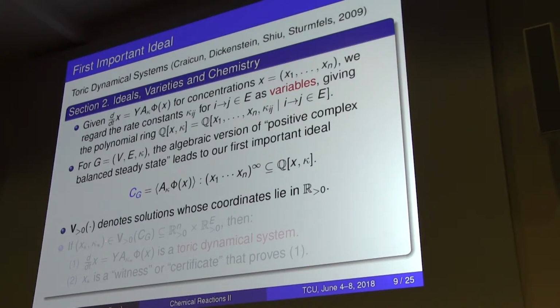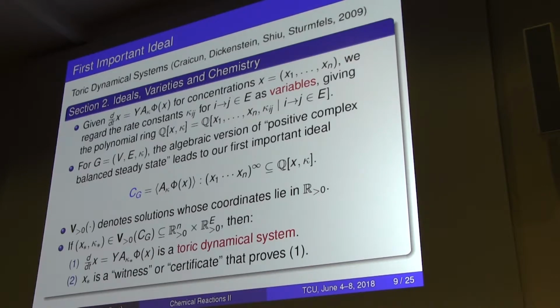And I'm going to use this notation, that's the variety of an ideal, and when I write that, I mean the solutions whose coordinates are positive real numbers. And then in this setting, if I take a positive solution of this ideal, so that's going to be a positive steady state, and here all my rate constants indexed by the edges are also going to be positive, then it turns out I exactly have a toric dynamical system.